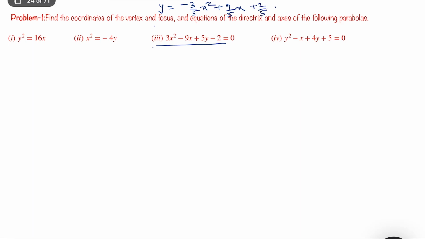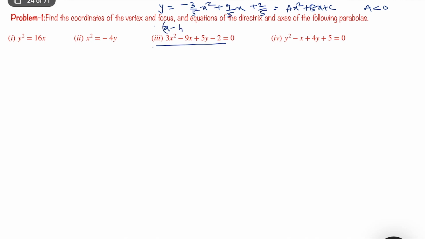So this one looks like y equal to ax square plus bx plus c, where a is negative. So since y equals some quadratic expression of x, we know that this is a parabola whose axis is parallel to the y-axis. Since a is negative, it opens downwards, right? So this equation must be in this form.